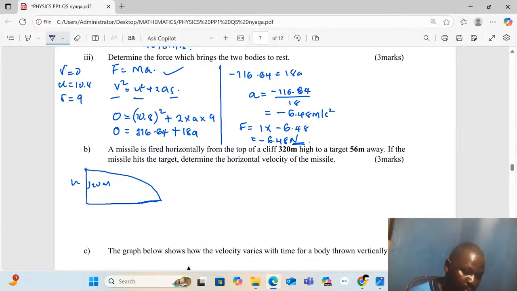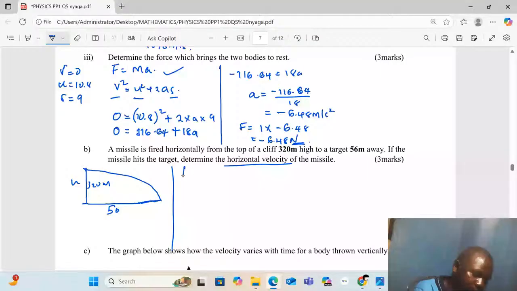Then you ask, what will be the horizontal velocity? So in this case, we first get, or we can use, for us to get this height, h of 320, h will be given by half gt squared. So we can get t from this equation, since we have h, since we have g.